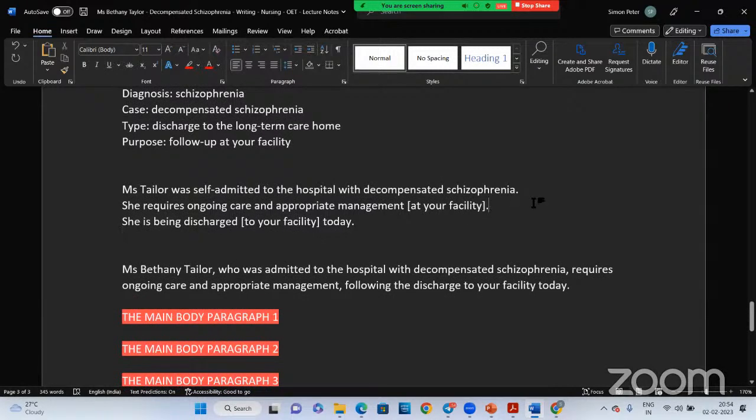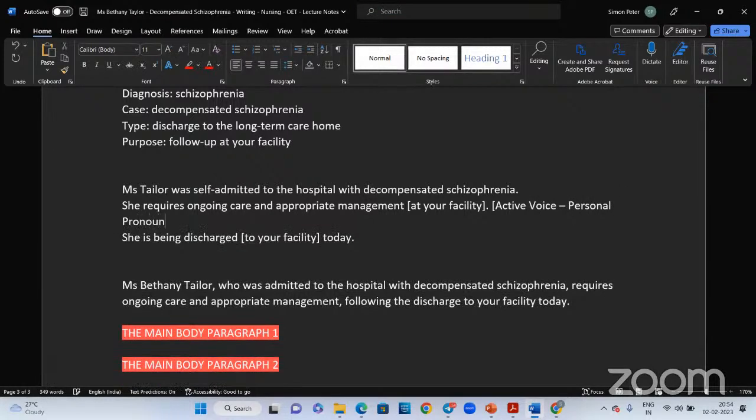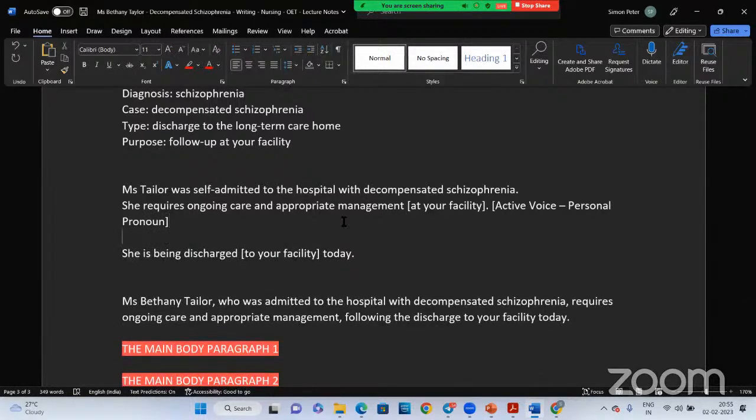Now this is what? Active voice. This is active voice with the personal pronoun. Now this one we can change into passive voice.